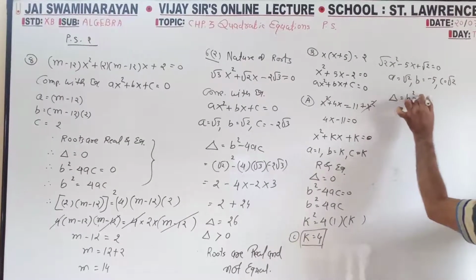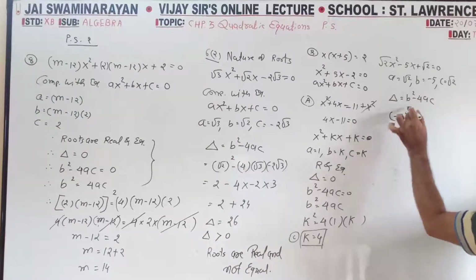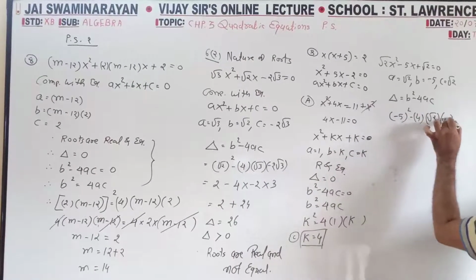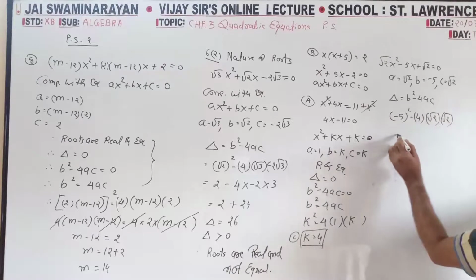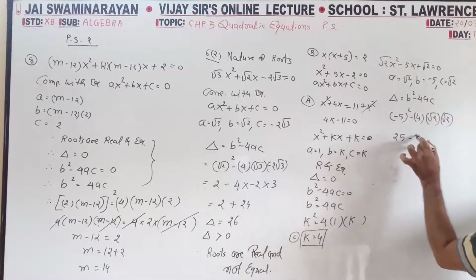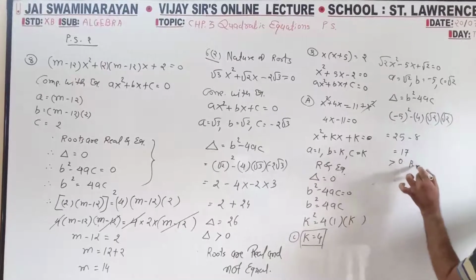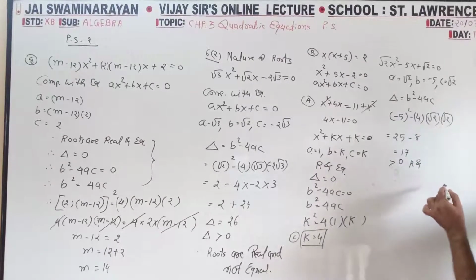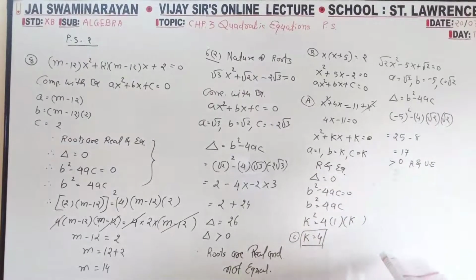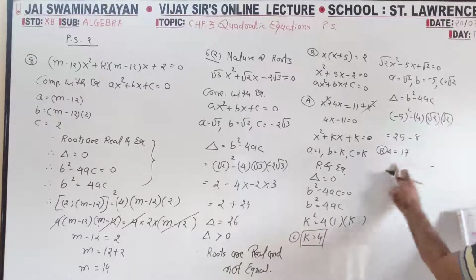Delta is equal to b square minus 4ac, minus 5 square minus 4ac, 25, root 2 into root 2 is 2, 2 into 4 is 8. So 17, greater than 0, real and unequal. But what they want is the answer only, so that is B. No need of this.